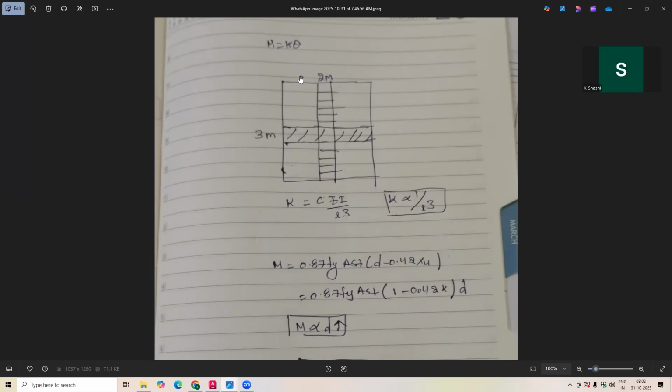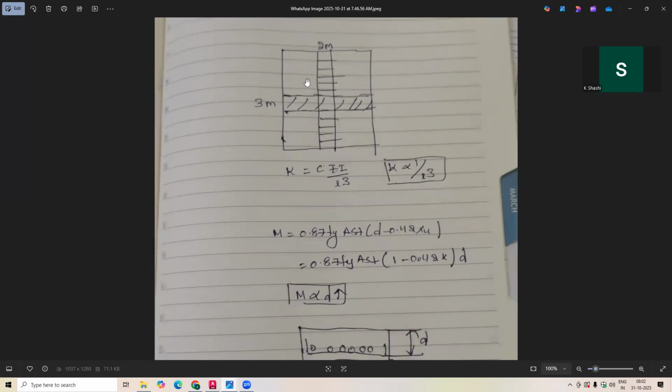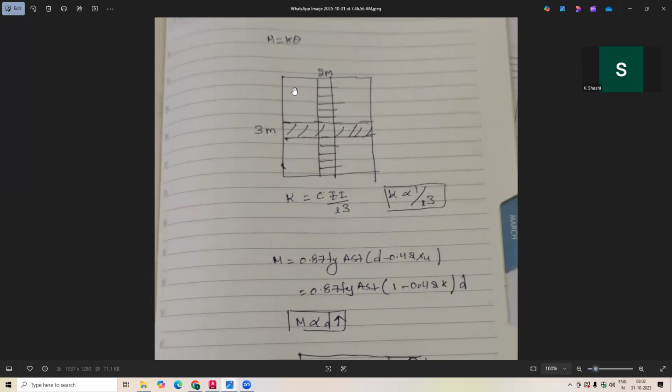Stiffness is generally the amount of moment or load required to produce unit deformation or unit rotation. If we consider any stiffness, the axial stiffness AE by L, bending stiffness EI by L cube, torsional stiffness GJ by L cube, it is always inversely proportional to the span of the member.